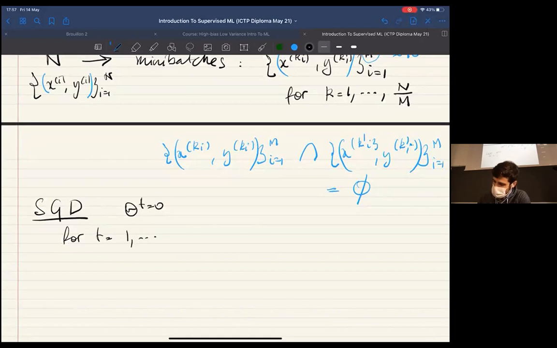You compute again v_t, which is the learning rate times the gradient with respect to θ of the cost, and I will write cost MB for mini batch.